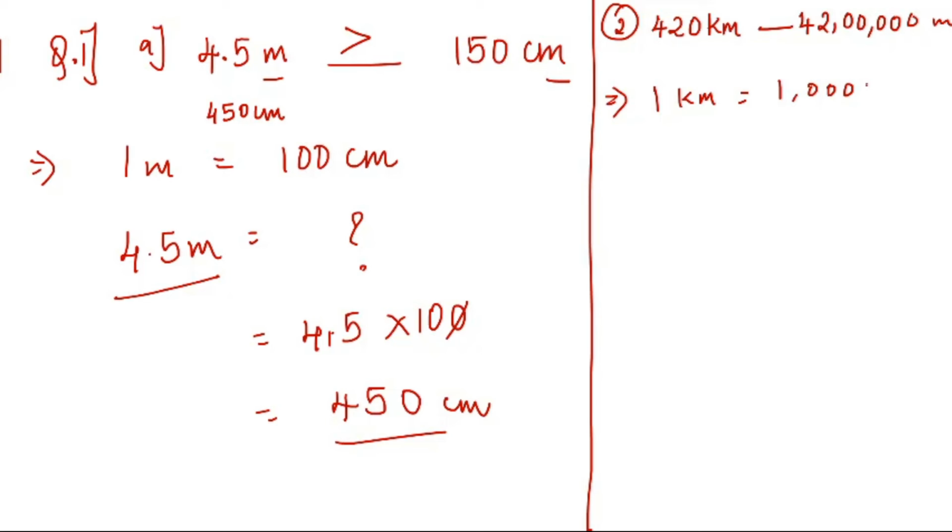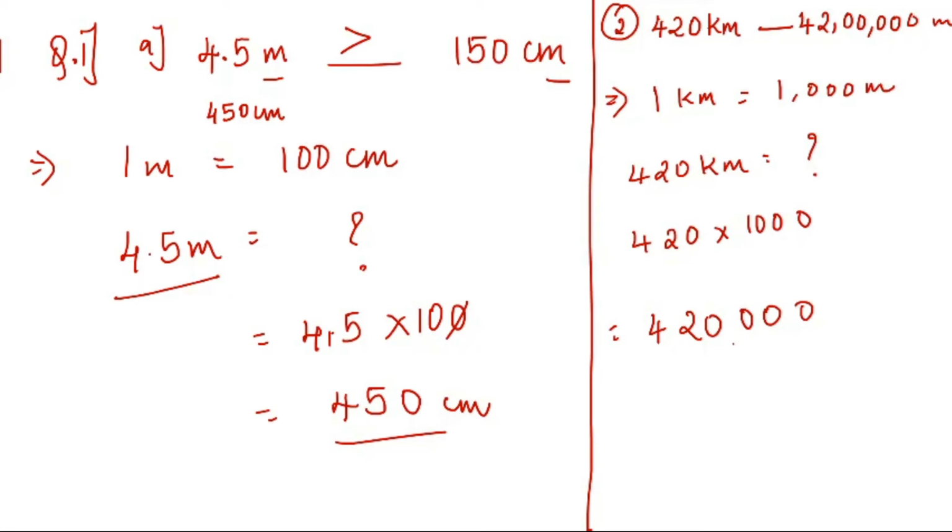Again, 420 multiplied by 1000. So how much does it become? 4,20,000. So which one is greater? 4,20,000 or 42 lakh? 42 lakh. So this one will be greater than this one. Okay, you have to solve every sum like this and then write which one is greater and which one is smaller.